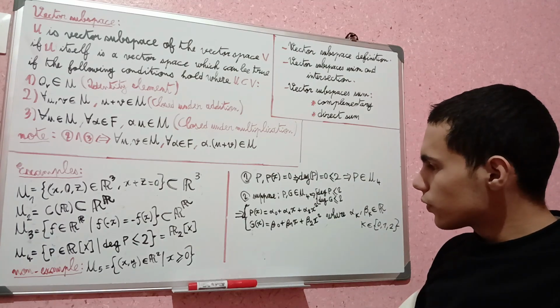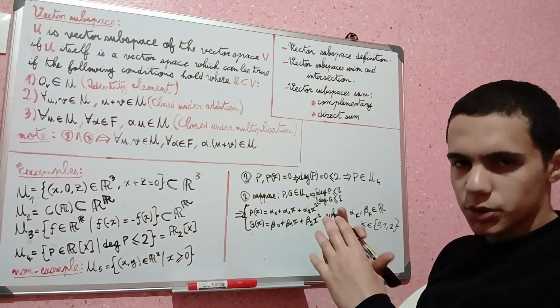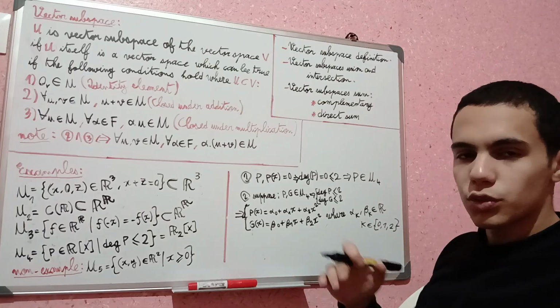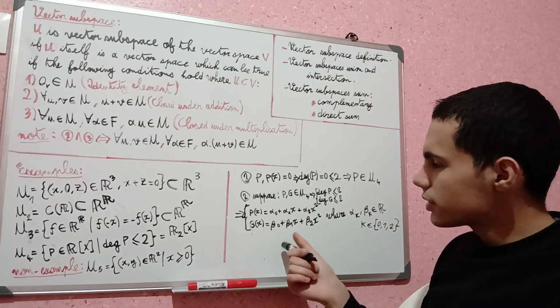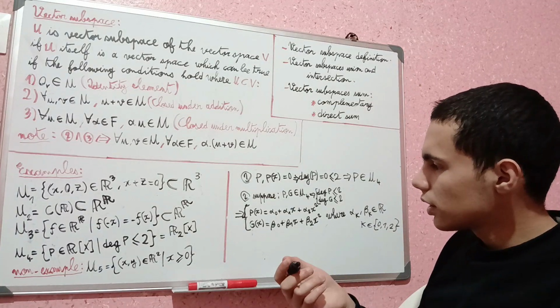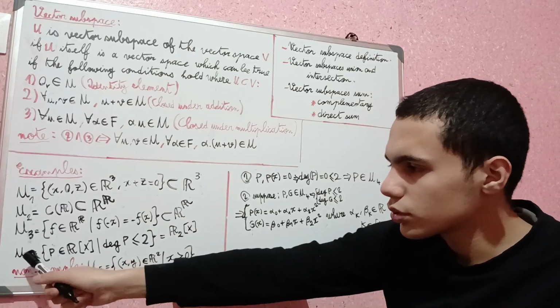Now we need to add them together and multiply them by alpha and see if they give us another polynomial belonging to U4.